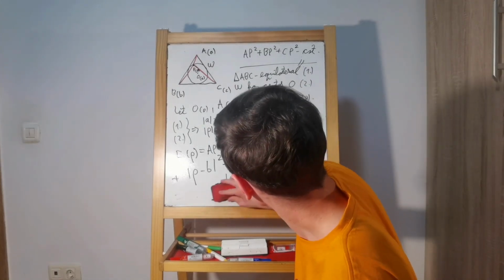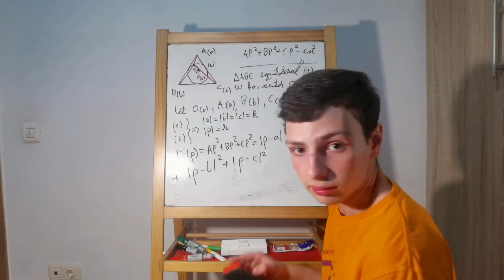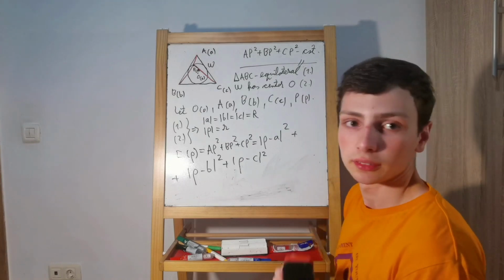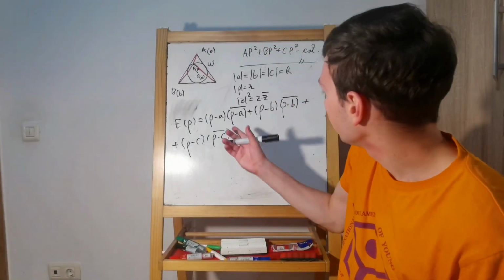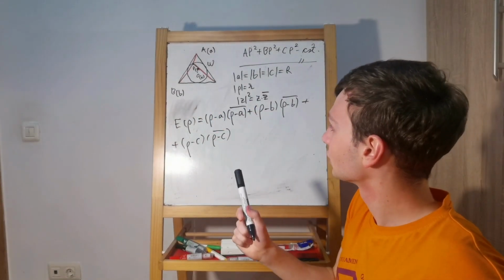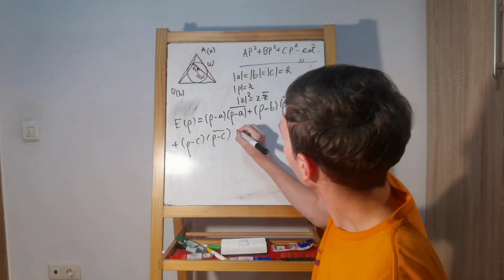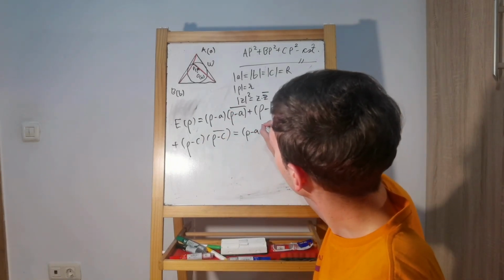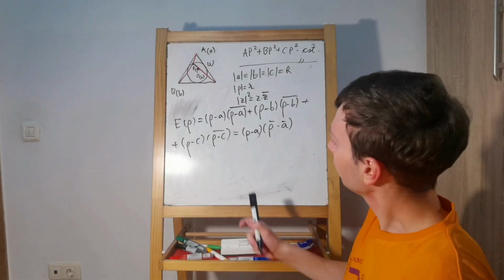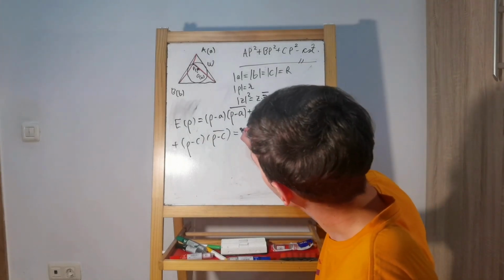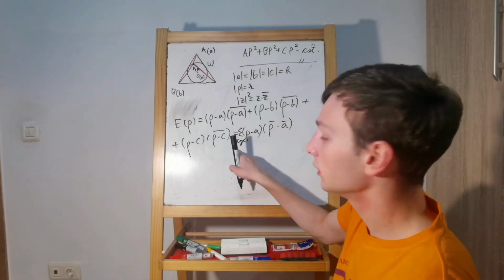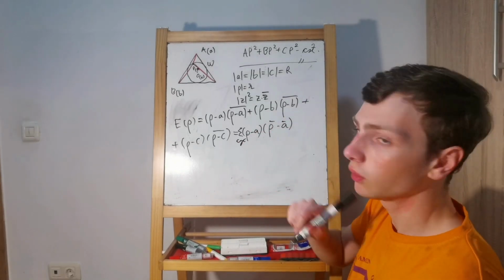Now, knowing this, let me rewrite the equation. Alright, I've rewritten the expression, and because the sum of conjugates is the conjugated sum, we can rewrite this as p minus a times p conjugated minus a conjugated. And now, because this is a cyclic sum, I will just put the sigma, the sum symbol, and the cyclic symbol right here.